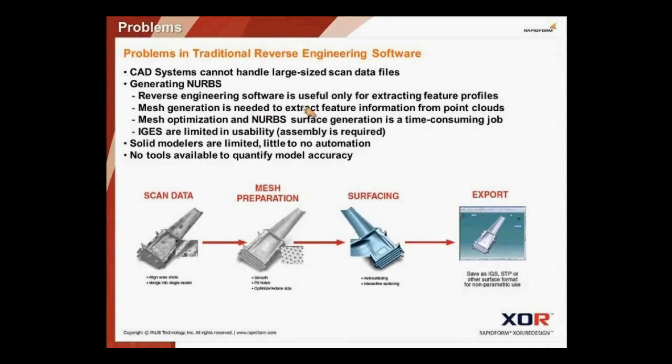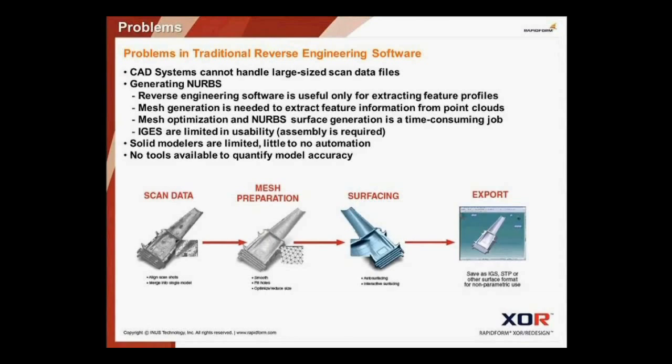The reverse engineering software is useful only for extracting feature profiles. Mesh generation is necessary to extract the NURBS surface. You need to smooth the mesh and fill holes, because otherwise all the problems from the mesh you also have in your surface.